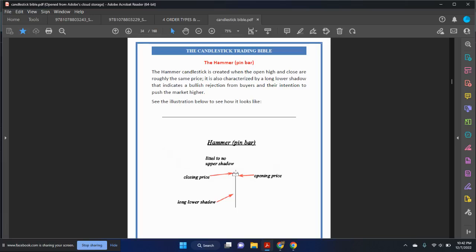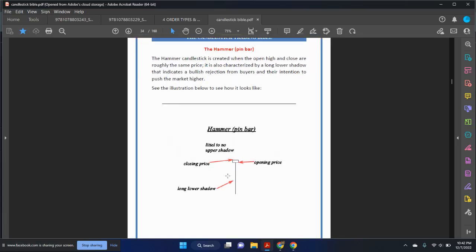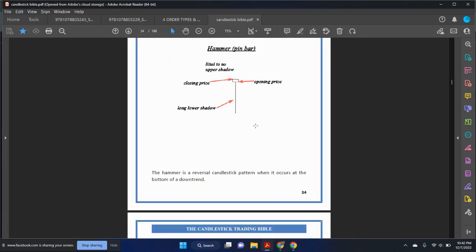It's something like the other candlestick that looks like an upside down T, but this is a little bit different. The closing price and the opening price are almost about the same. And here's that long lower shadow letting us know of the bullish rejection that's taking place, the buyers and their intention to push the market higher.